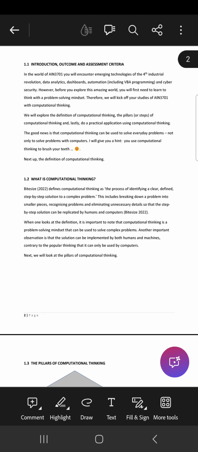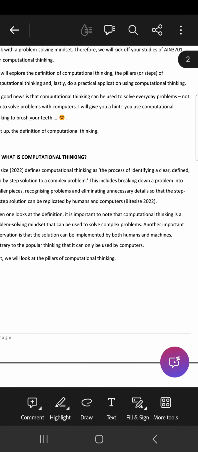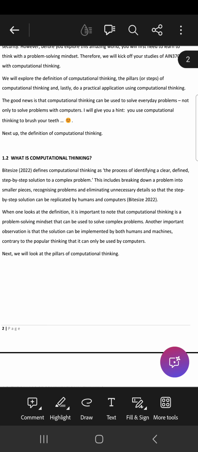So if we zoom into what the study guide has to say, it gives us a reference to bite size, which says that computational thinking is, this is more of a definition rather, and it defines it as the process of identifying a clear, defined, step-by-step solution to a complex problem, okay?